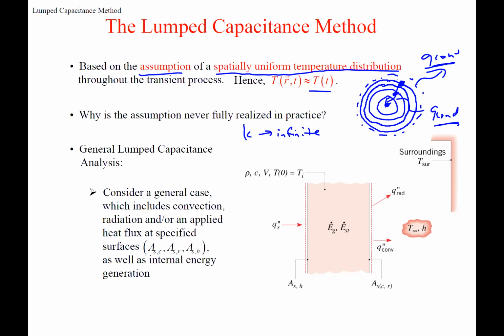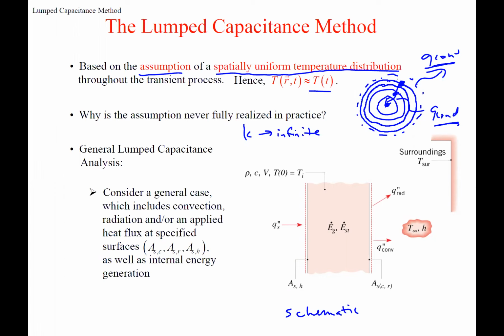All right, so we're going to start off with the general lumped capacitance method, which you see a schematic for. So here's our schematic. We're going to say we have this plane wall, and all of a sudden we're going to do a whole bunch of stuff to it.